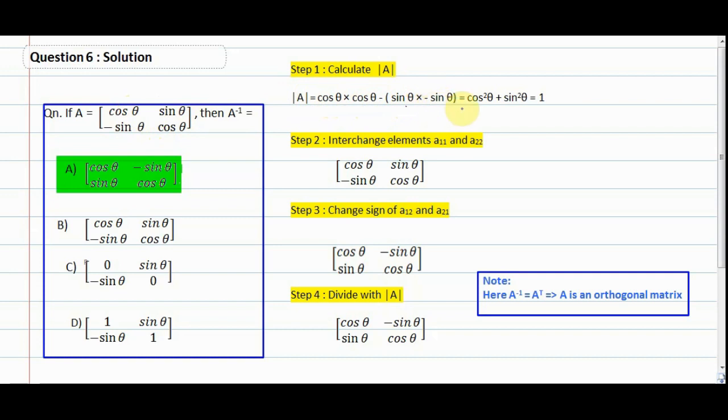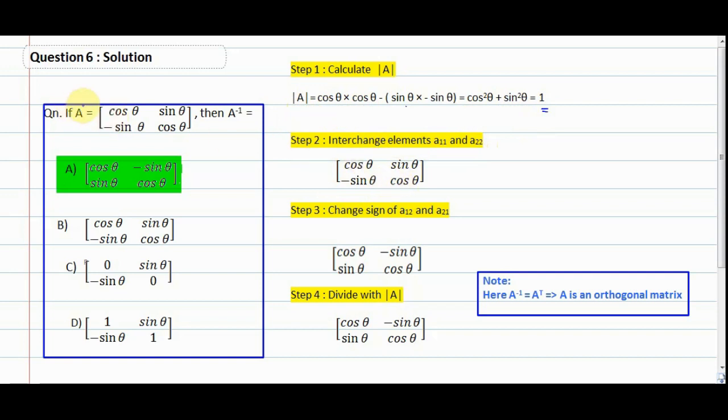So we will get cos square theta plus sin square theta, and its value is equal to 1. So the determinant value is equal to 1 in this case. Now coming to step number 2, we have to interchange elements A11 and A22, that is, the elements present in the main diagonal.